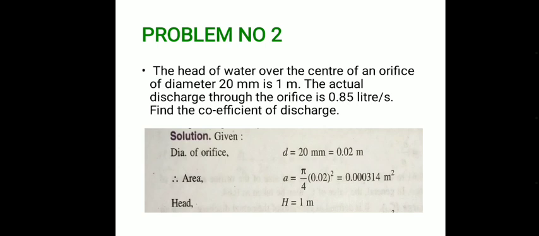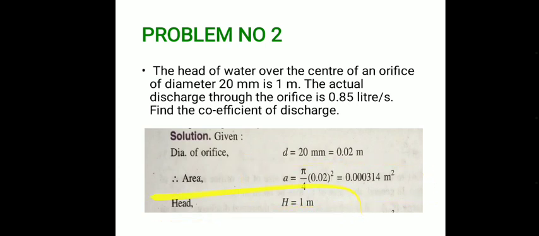First of all, let's mention the given values in the question. Diameter of the orifice, d is equal to 20 mm, converting it into meters. Area, A is equal to pi by 4 d square. We got the area of the orifice.